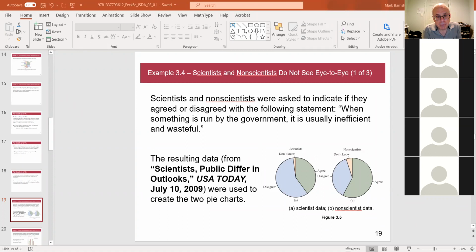More scientists seem to disagree and non-scientists seem to agree. That's right. That's exactly the conclusion, right? Because you can tell by the size of the pie. The blue over here is bigger than the green. So more scientists disagree with that statement, and yet non-scientists tend to agree with the statement. There are more people who agree than disagree. Good, good. And that's all there is to this.